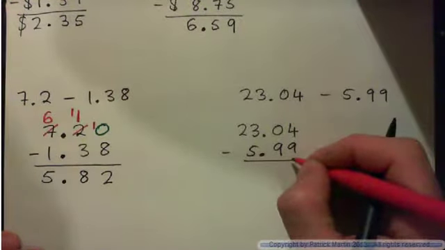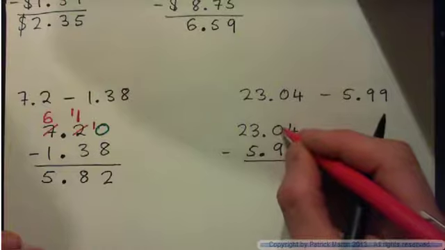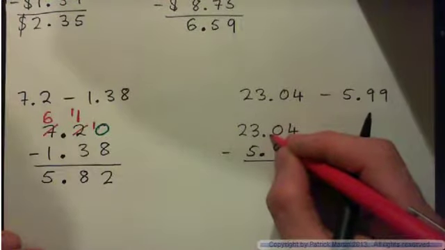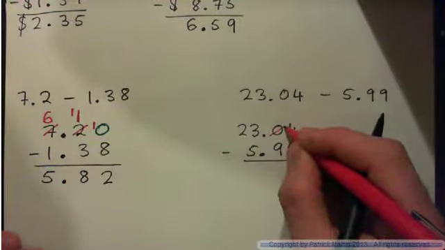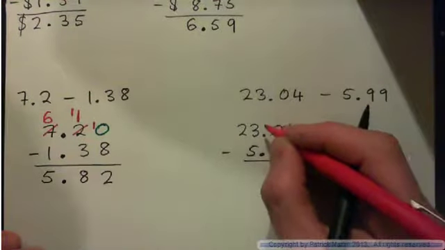Okay, so we'll try 4 subtract 9. It's not going to work, is it? So you've got to borrow from here, but there's nothing to borrow from there. So go back over to here.